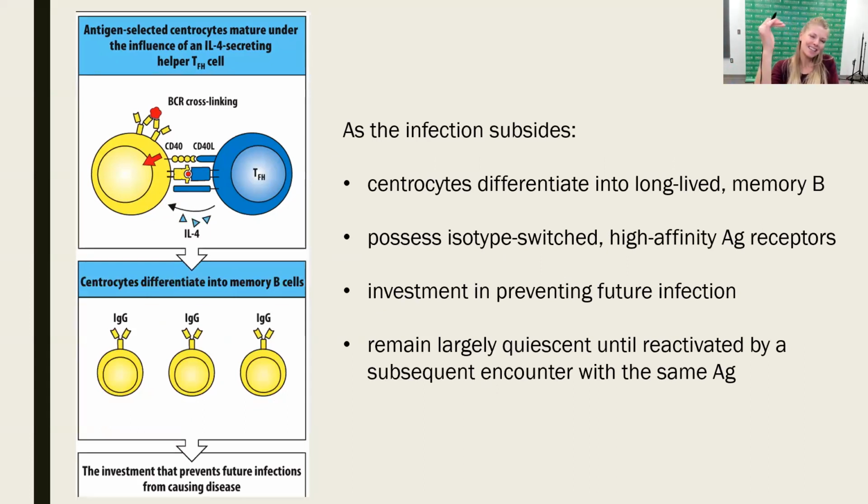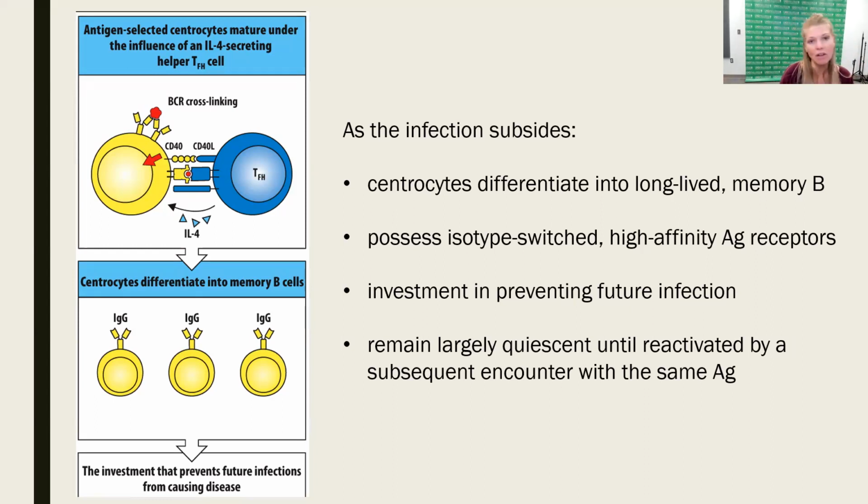But as the infection subsides, as the antibody works and the cell-mediated arm of immunity works, centrocytes are going to then differentiate into not so much plasma cells any longer, but now into long-lived memory B cells. What's cool about these memory B cells is that they are already isotype switched.